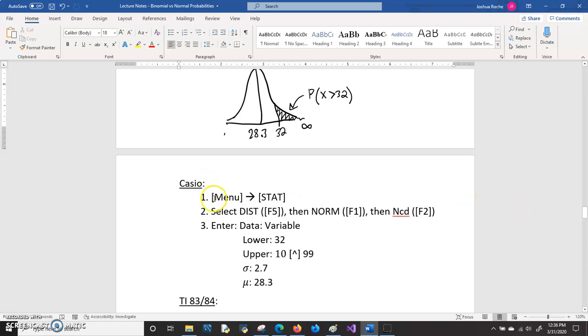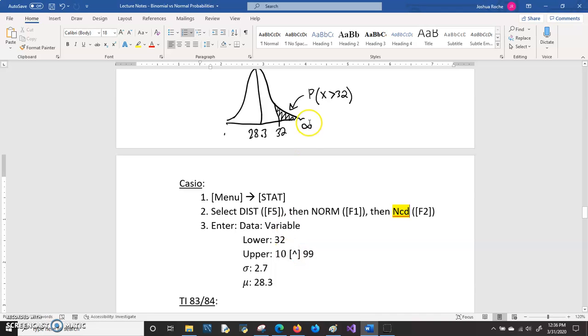On the Casio calculator, you would take these steps, get to the function called NCD. When you get to that function, it'll ask you for the lower bound, the upper bound, the standard deviation, and the mean. The lower bound is the left boundary of your shaded region. The left boundary is 32.